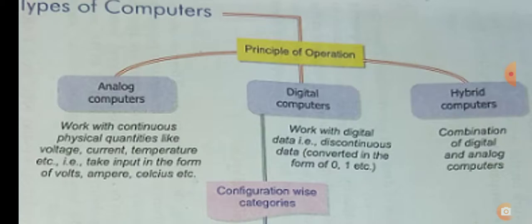Digital computers work with digital data, meaning discontinuous data converted in the form of 0 and 1. Digital means data is stored in the form of 0 and 1, while analog computers work with continuous physical quantities such as voltage, current, and temperature.